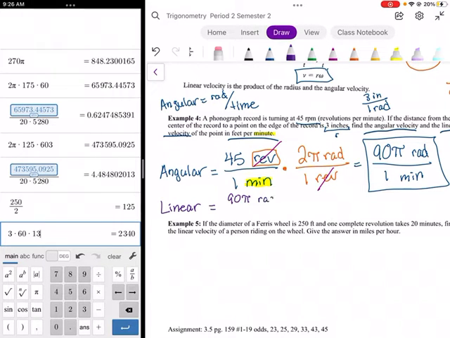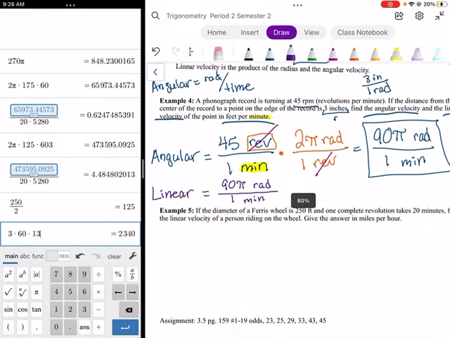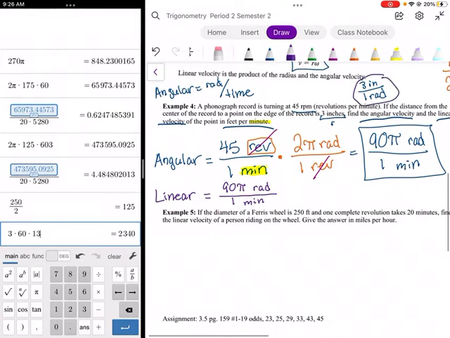So we have 90 pi radians over 1 minute. And we need to change this to distance over time. So this is where our radius is going to come in, because we need to get rid of the radians. So we're going to multiply this by 3 inches over 1 radian.